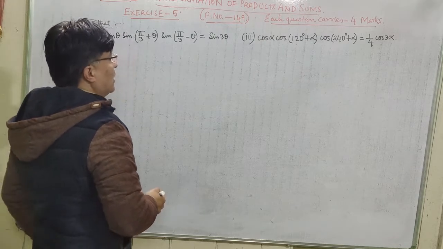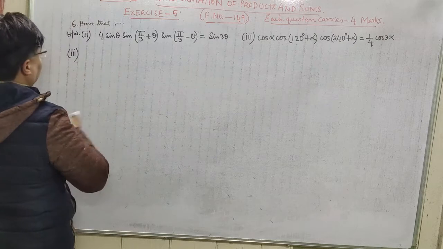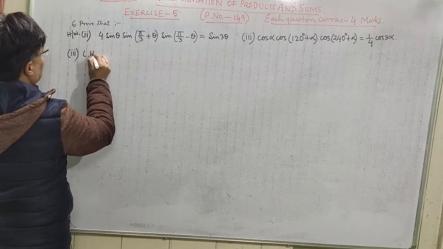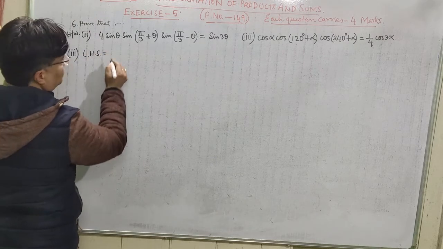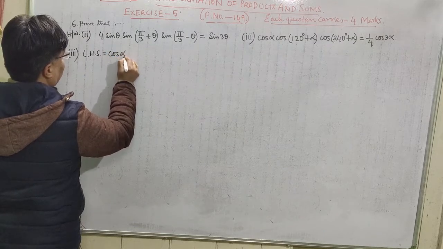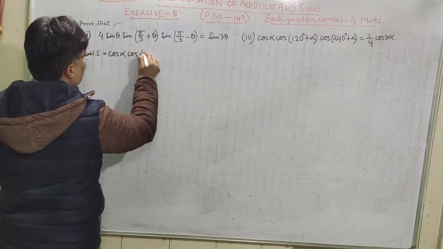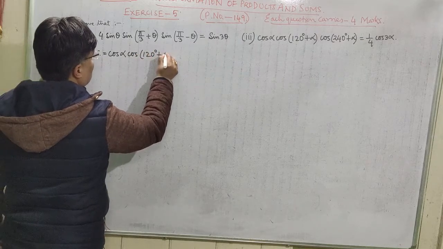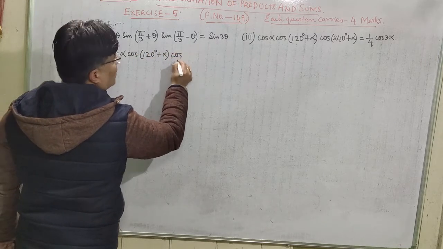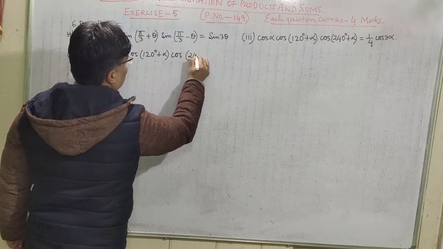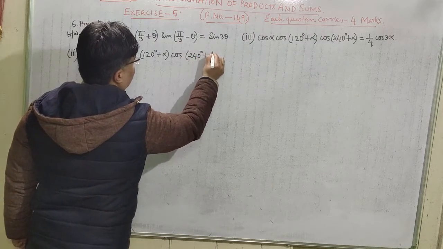So let us write down the left hand side. So here LHS is equal to cos alpha cos of 120 plus alpha, then cos of 240 degree plus alpha.